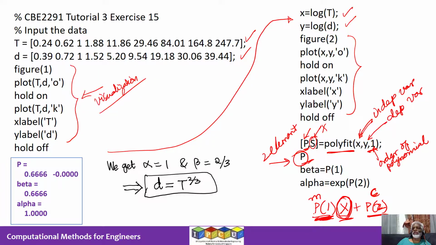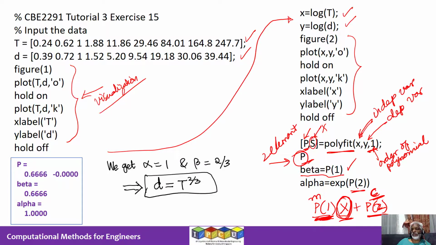So P1 is m, and m is nothing but beta. So beta we can say straight away is p of 1, because the first element of p is the coefficient of x, which is the slope. So beta is equal to m is equal to p of 1. We also know that c, the constant term or intercept in the model, is p of 2.